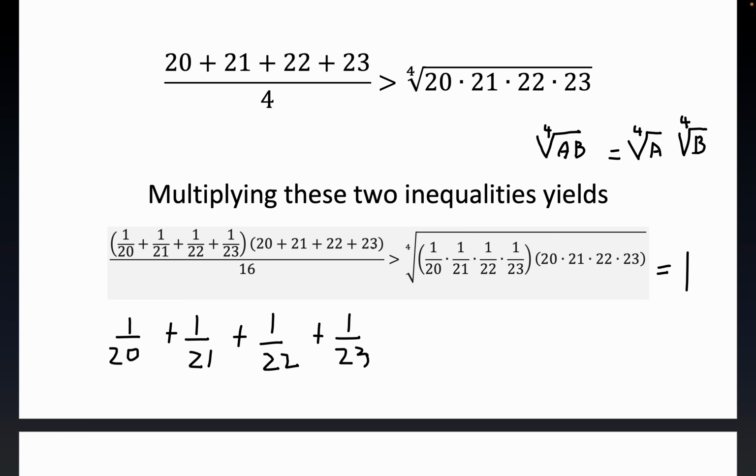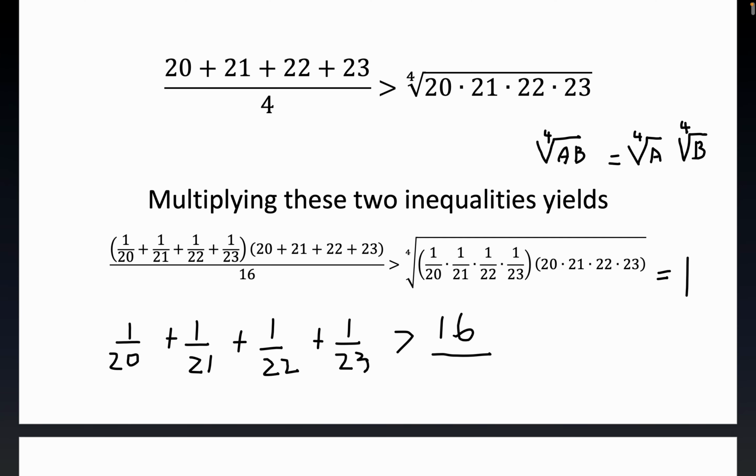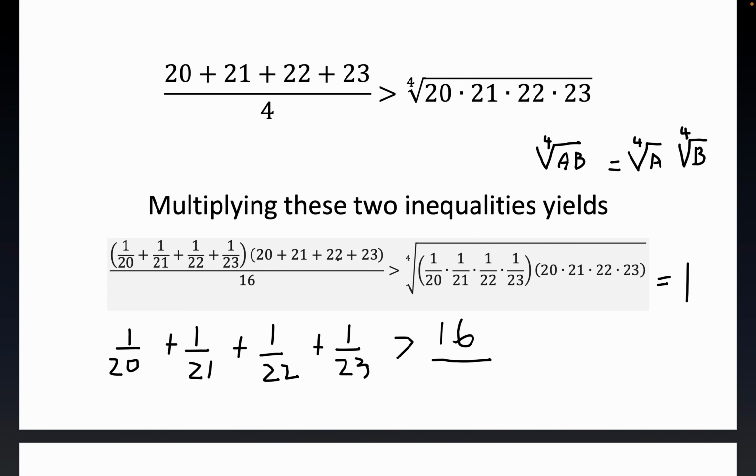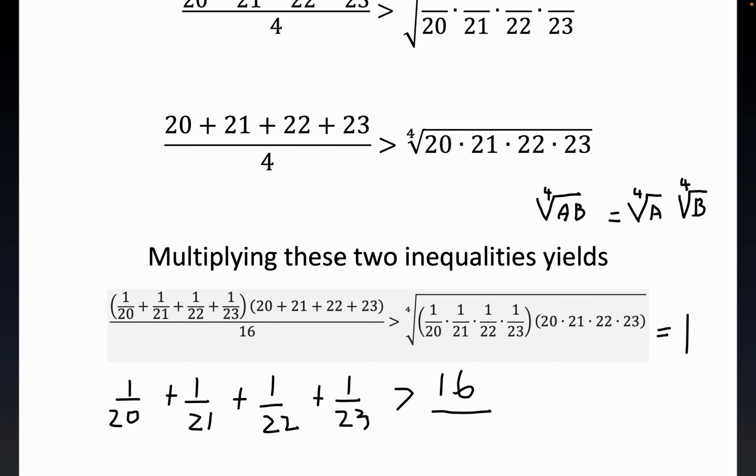And so what we'll have here is that this is greater than 16, because remember, if you multiply through by 16, and then divide by this sum right here. Now again, this sum, 20 plus 21 is 41. 41 plus 22 is 63. 63 and 23 is 86, right?